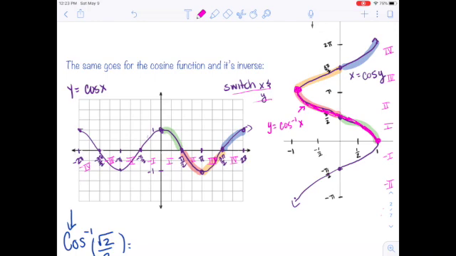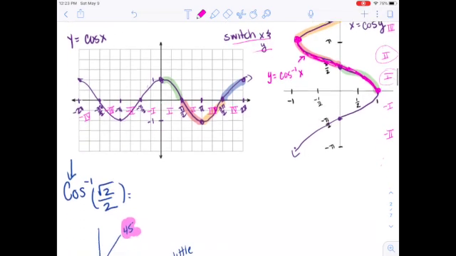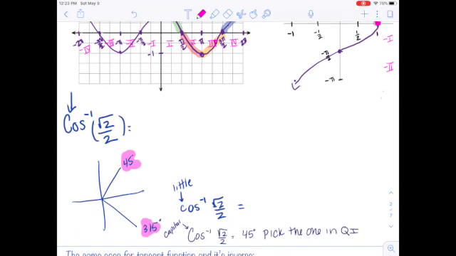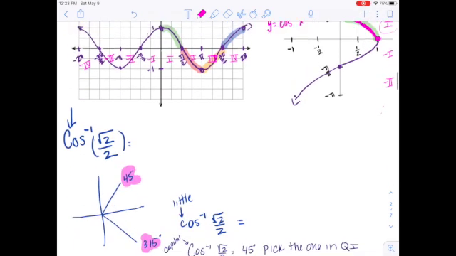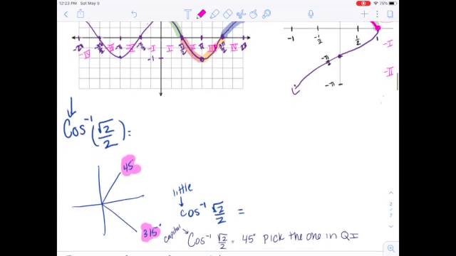All right, so this is by definition what our cosine domain restriction is, so that our inverse of cosine is a function from pi, first quadrant all the way to the second quadrant. And so here's a little bit of an application. So maybe it kind of makes sense in a way as we move forward.